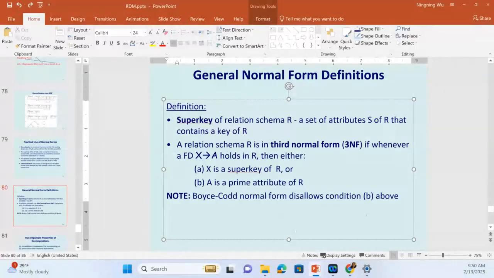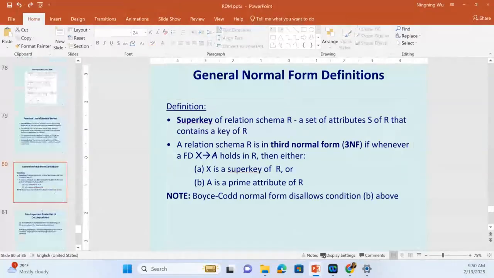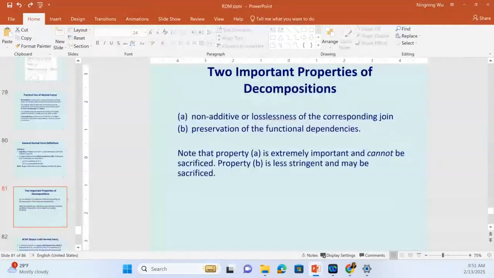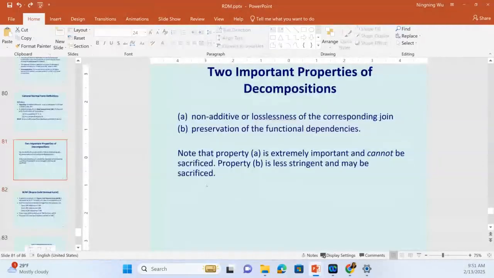So that's why this normal form is much stricter than the 3NF. If you're interested, you can read more. I think we do have some discussion about the BCNF.